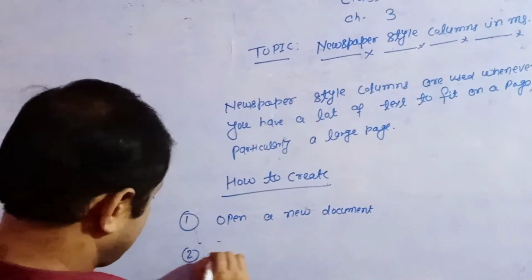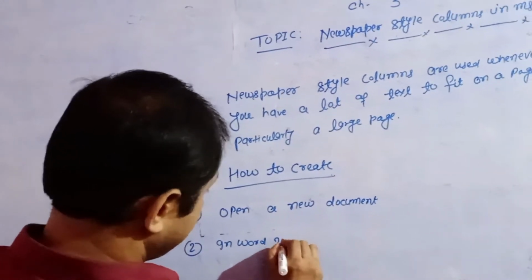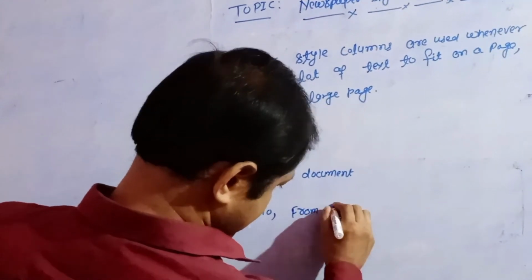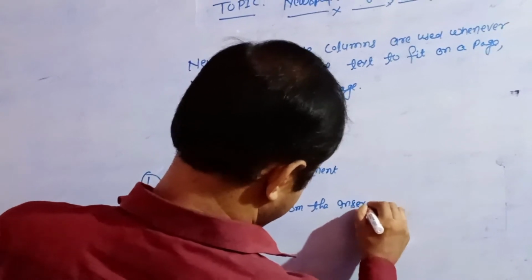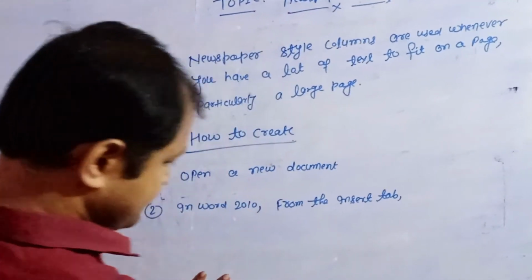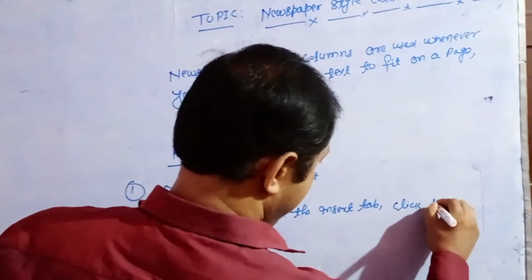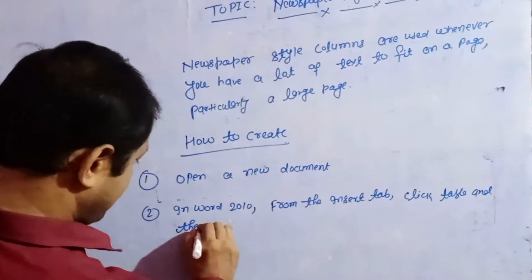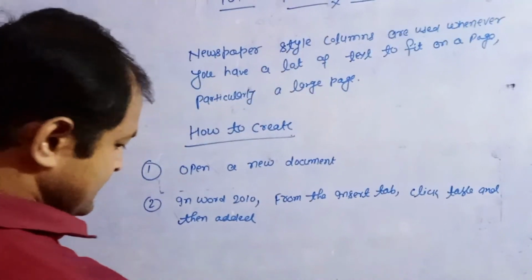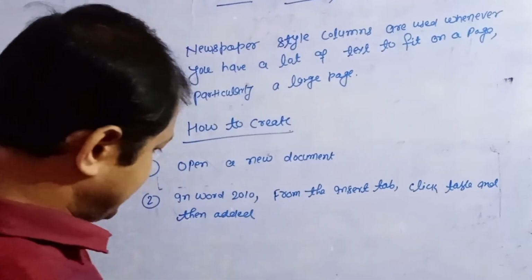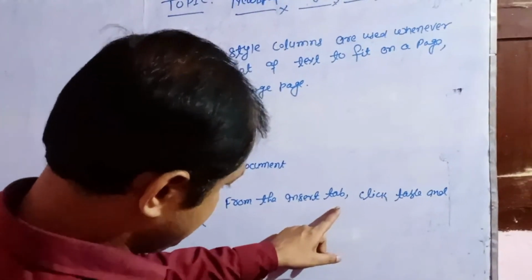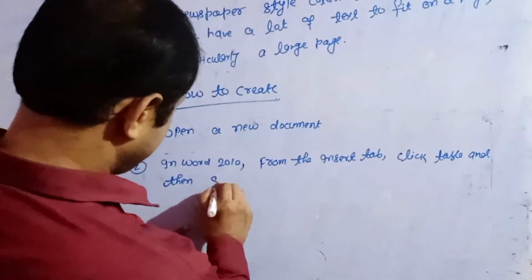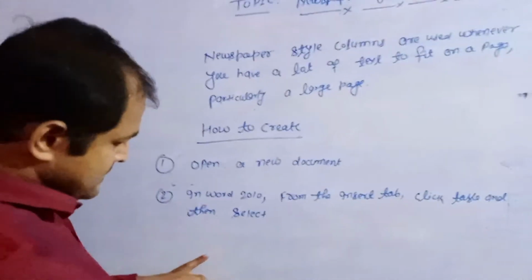Second, in Word 2010, from the Insert tab, click Table and then select Insert Table.